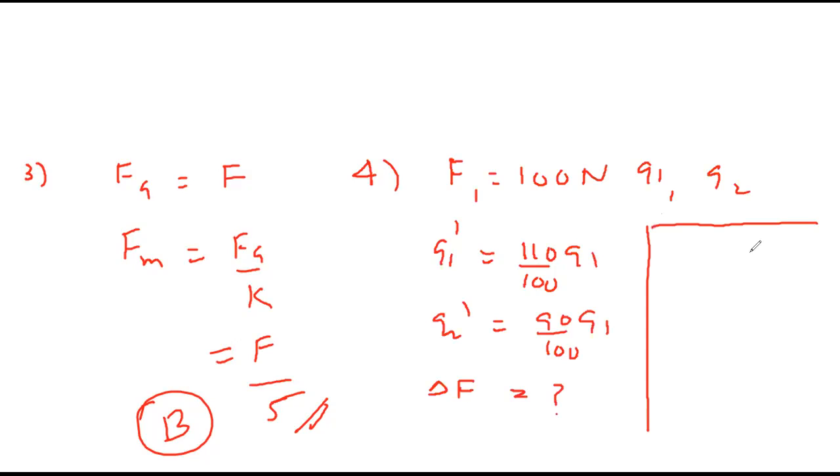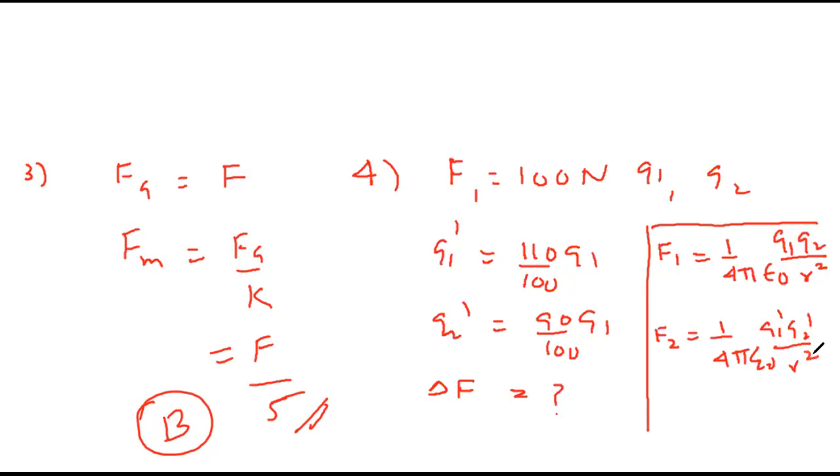Change in force you want. So first force F1 is 1 upon 4 pi epsilon naught Q1 Q2 upon R square. Second force F2 is 1 upon 4 pi epsilon naught Q1 dash Q2 dash upon R square.